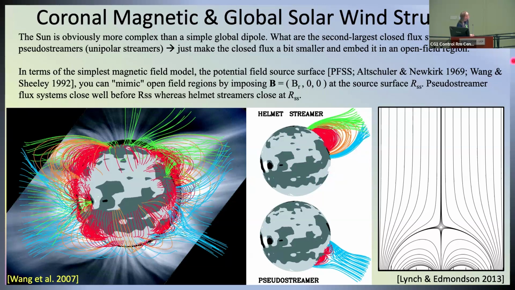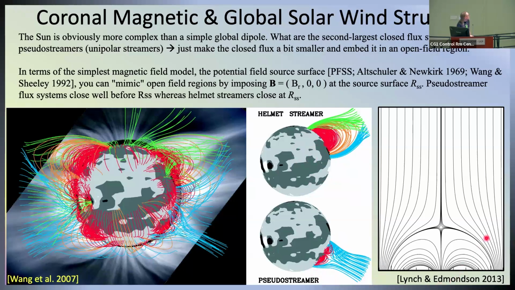And the defining characteristic here is that the open fields on either side of this closed field system are of opposite polarity. But if they're of the same polarity, you have a different structure in the closed field system. So if over here, you can see the blue field lines, let's call them positive here and positive here.